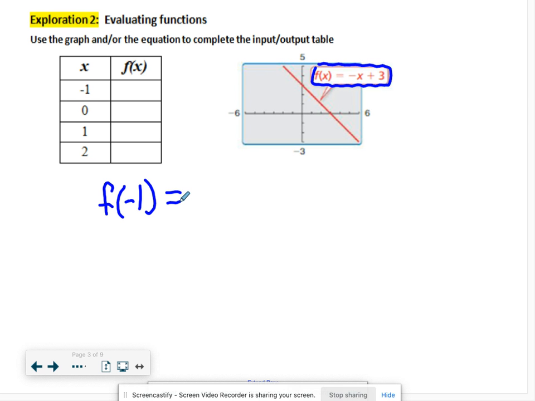Now anywhere I see an x in my equation, I'm going to plug in -1. You guys see what I did there? I plugged in -1 for x. And now we just evaluate it. So what's a negative -1 really turn to? Positive 1. And then 1 plus 3 gives me 4.